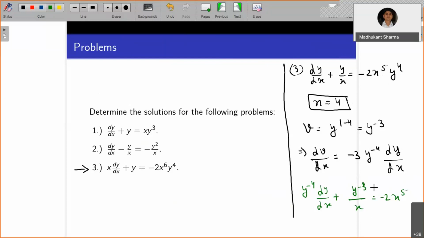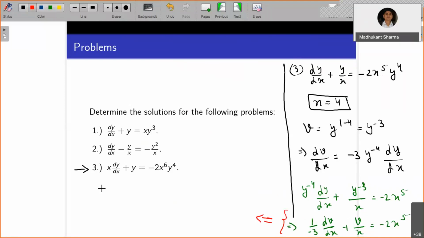Now replace the new variables. This will imply 1 upon minus 3 times dv by dx plus v by x equals minus 2x to the power 5. Now I will write it as linear in v and x, in the standard form.